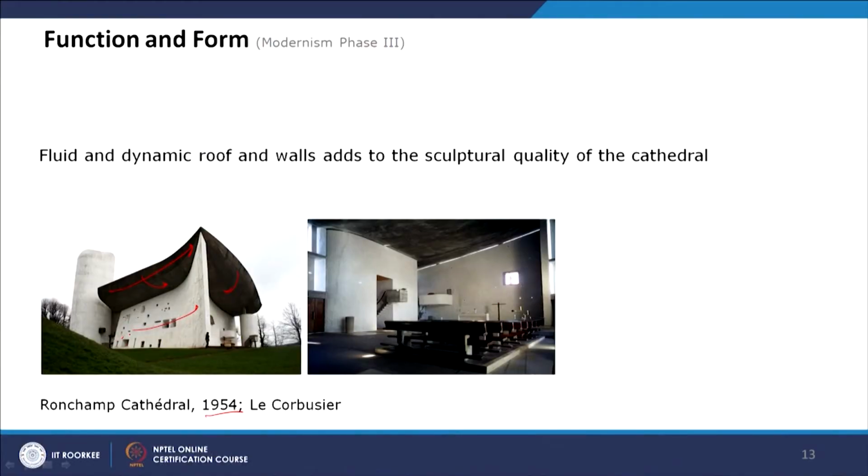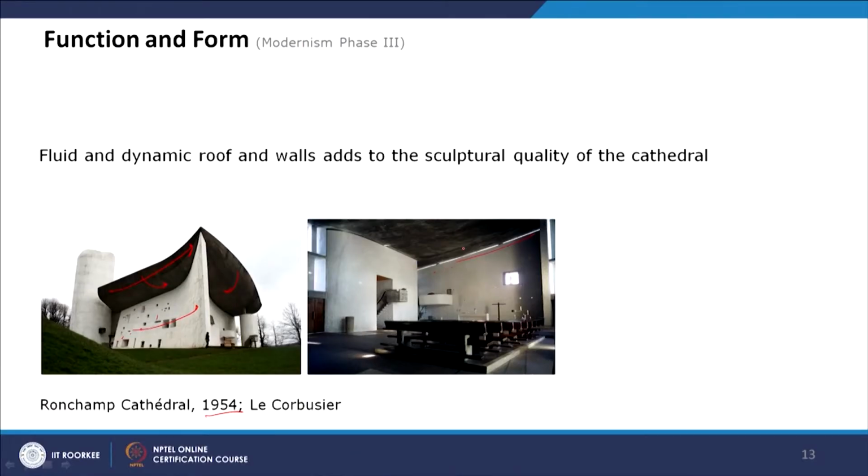And even if you look at the fenestration, it is splattered around this solid wall. And within the building also there are small slits, so it's like a juxtaposition of different curvilinear facades and form planes creating this building.